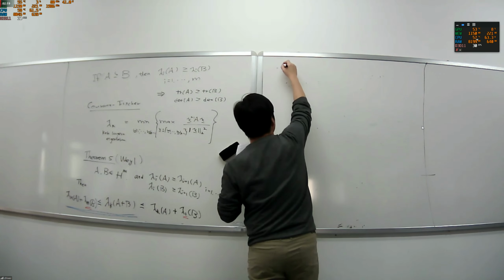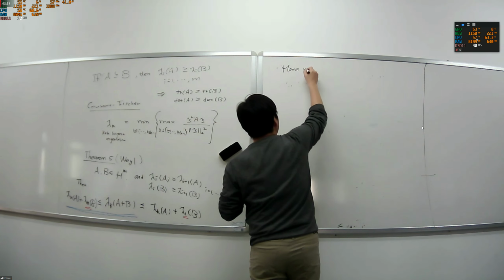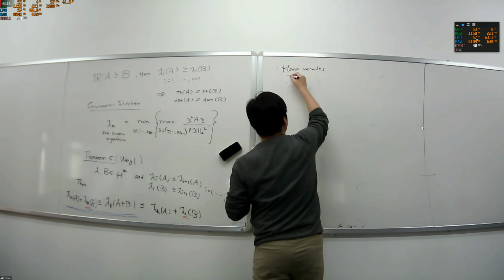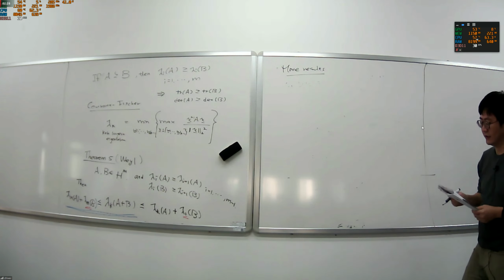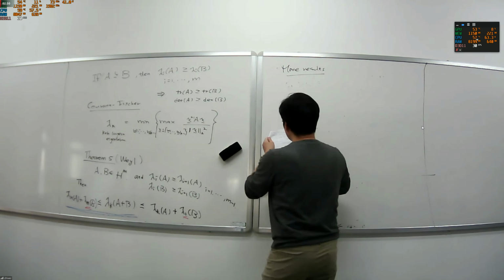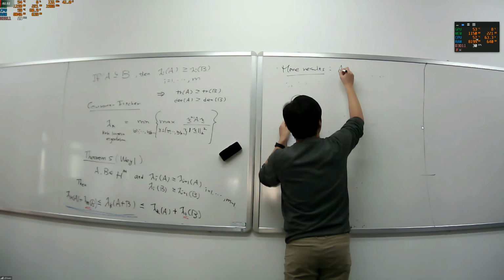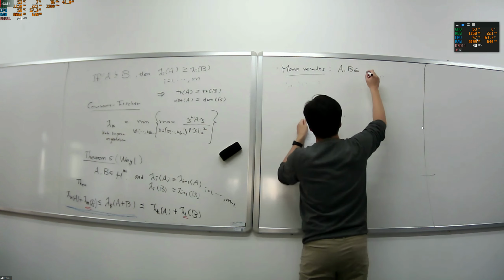So you can have more, and more results similar to this Weyl inequality. So A, B are Hermitian.